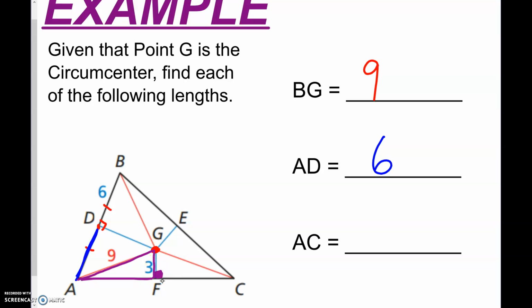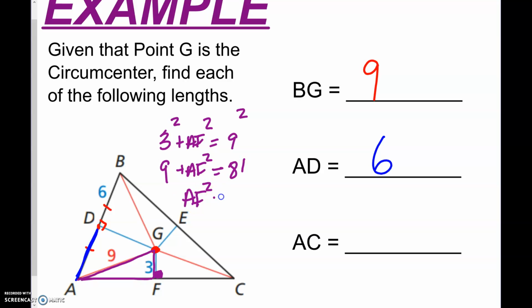So I can set up my Pythagorean theorem. 3 squared plus AF squared equals 9 squared. So I have 9 plus AF squared equals 81. So AF squared is 81 minus 9, and 81 minus 9 is 72.